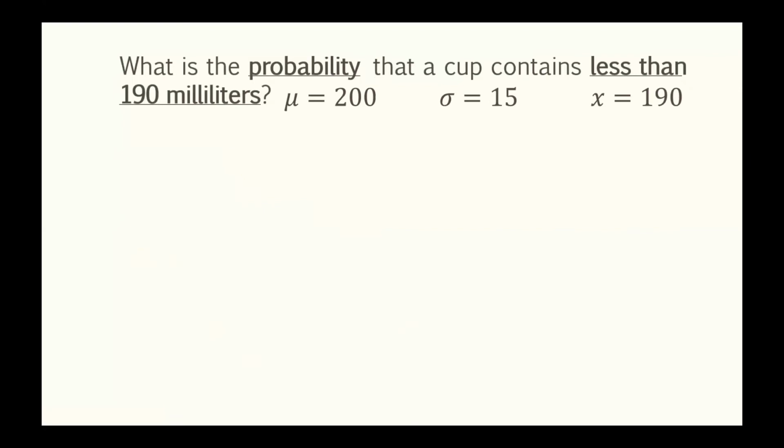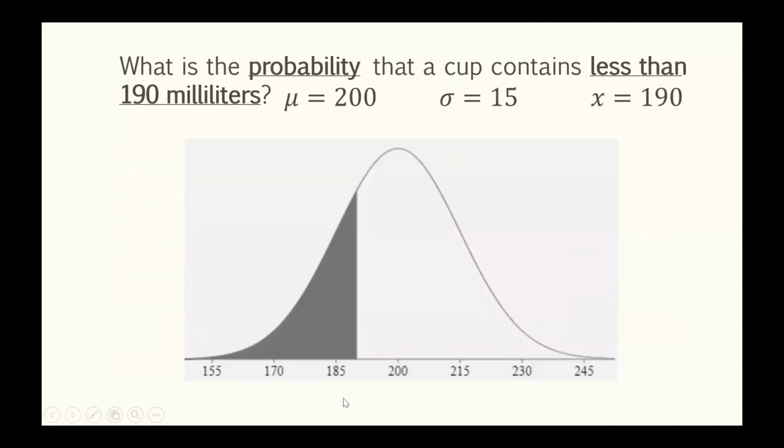So if we are going to transfer this one into a normal curve, that is like this. So given the mean, which is at the center, we have here 200. And take note, the standard deviation defines the width of the curve.